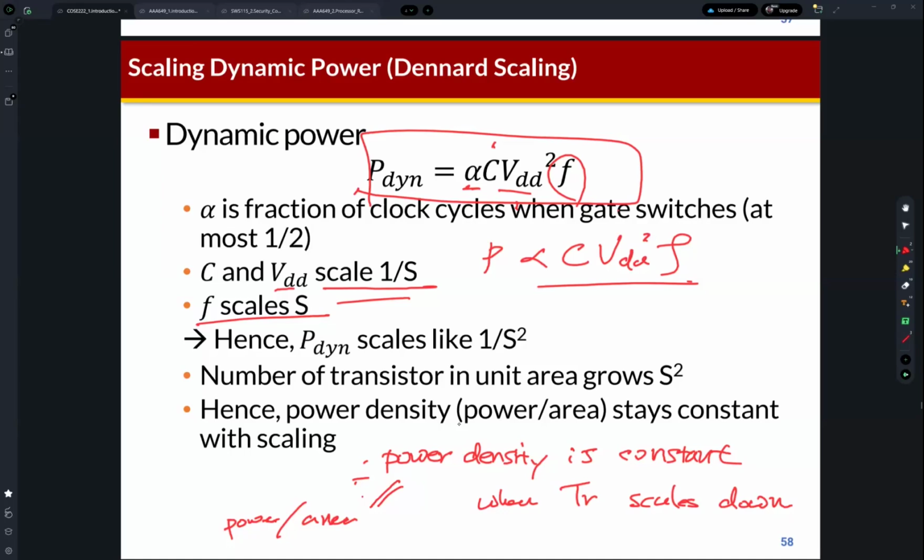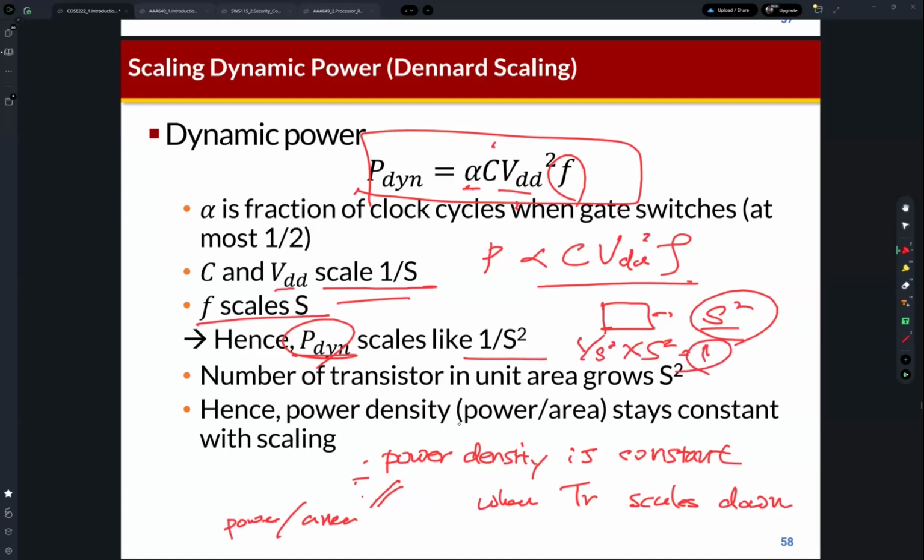So P dynamic becomes 1 over S squared, but because the size of a transistor is reduced by S, in the same area we have S squared transistors. So if we multiply 1 over S squared by S squared, then it's 1.